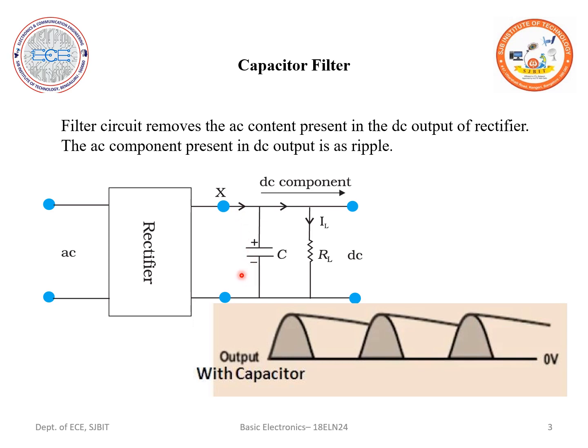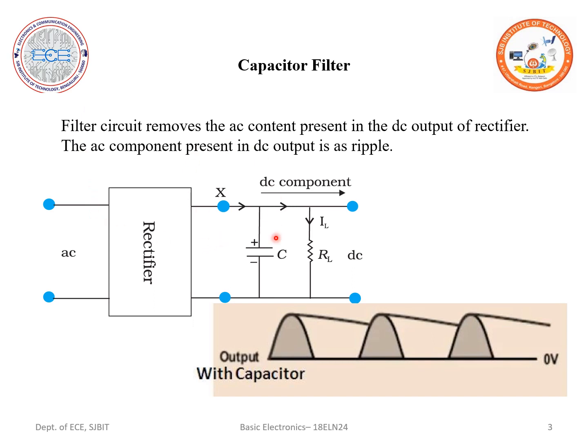So there are many kinds of filter circuits, out of which we are going to study the capacitor filter. Now when we look into the capacitor filter, remember the filter circuit always has to be connected after the rectifier but not before the rectifier.